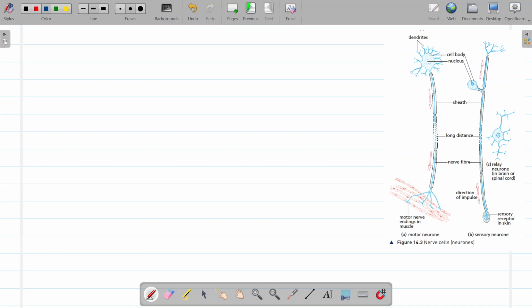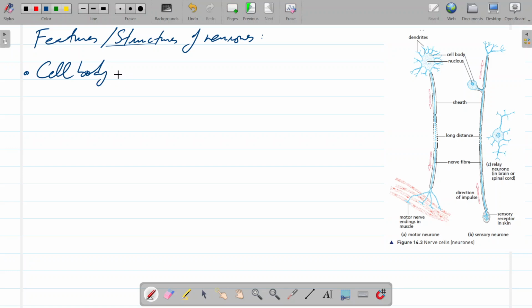The general features of a neuron: they all have a cell body, which is where the nucleus is present, the nucleus and the surrounding cytoplasm. Where it is depends on the type of neuron.